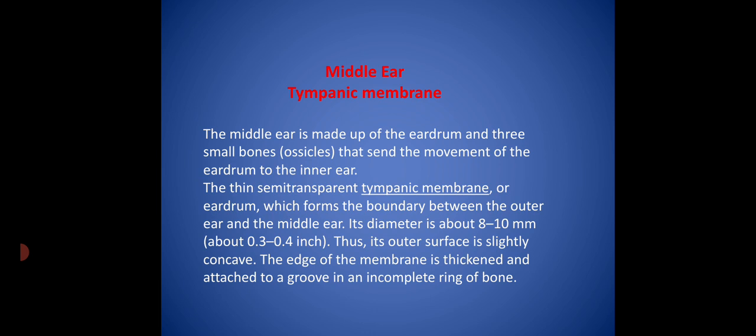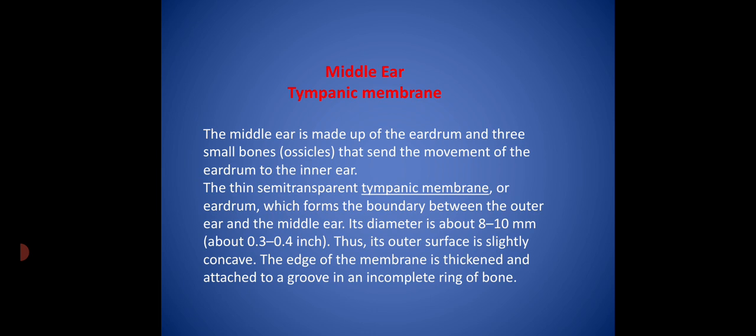The middle ear consists of the tympanic membrane and the bony ossicles, the three bones: malleus, incus, and stapes. These three ossicles connect the tympanic membrane to the inner ear, allowing for the transmission of sound waves.